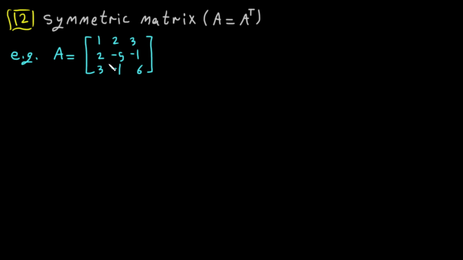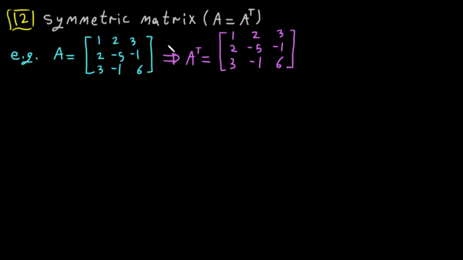If we want to test whether this is symmetric or not, we have to take the transpose. So let's write it in another color. Then A transpose equals, this row becomes column 1, 2, 3. This row becomes the column 2, minus 5, minus 1. The third row becomes the third column: 3, -1, 6.